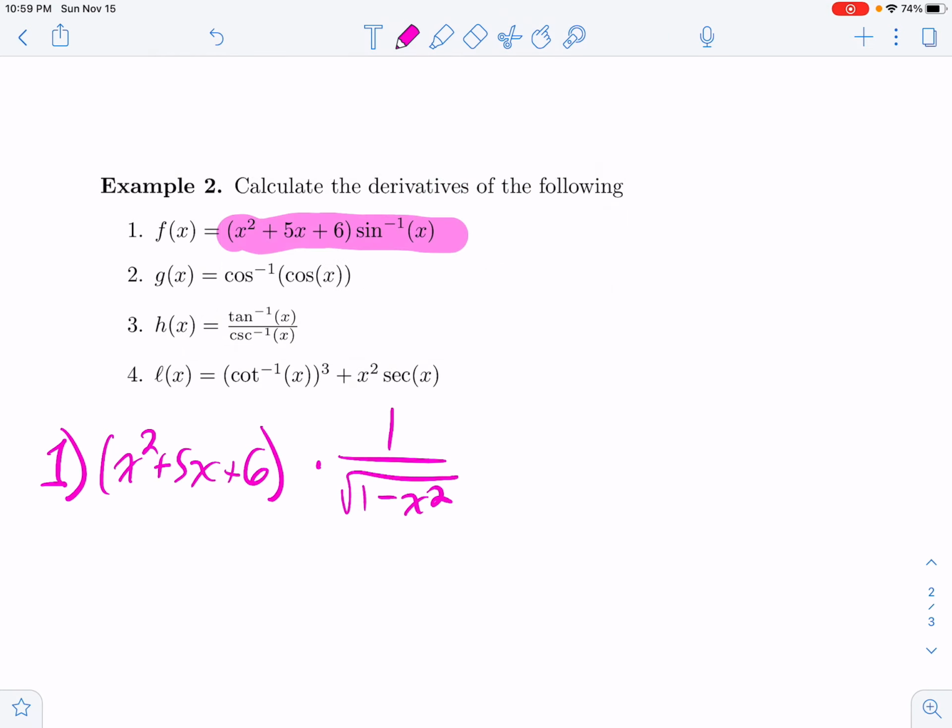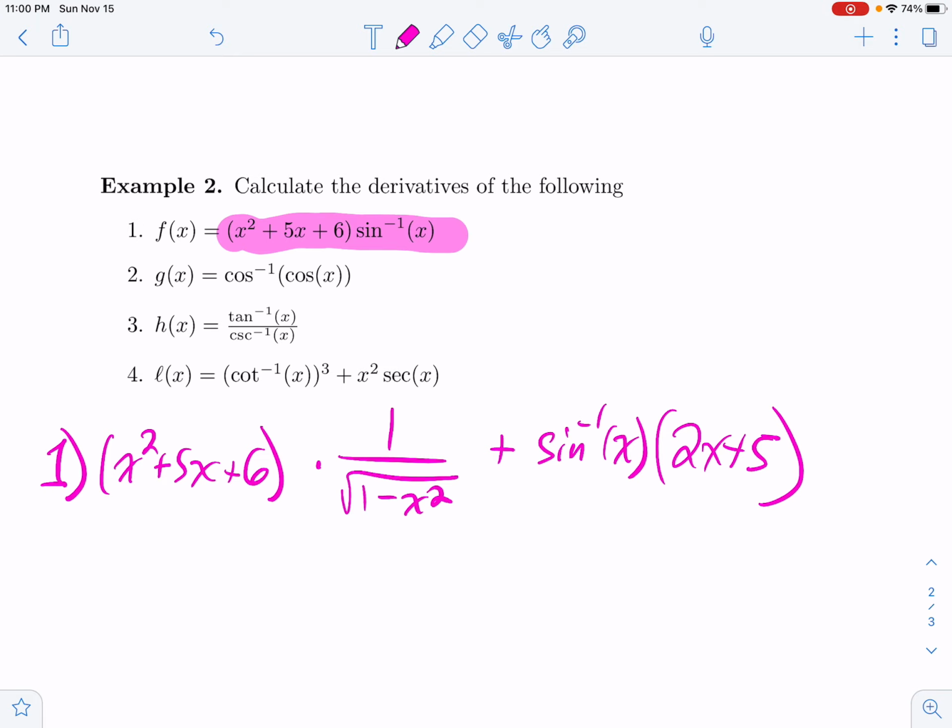First times the derivative of second plus second, I guess sine inverse of x, which is arc sine again, times the derivative of first, 2x plus 5. All right, so you got to remember sine inverse is the same as arc sine. They're the same function.